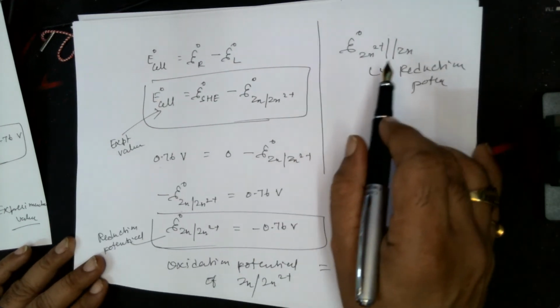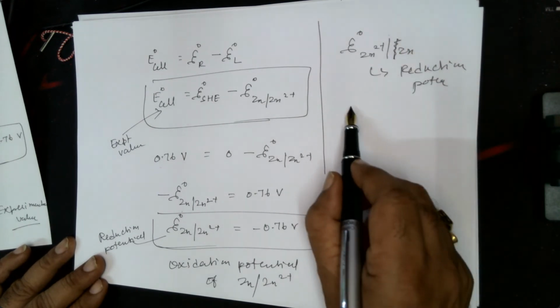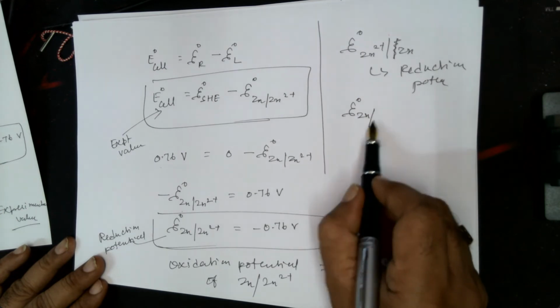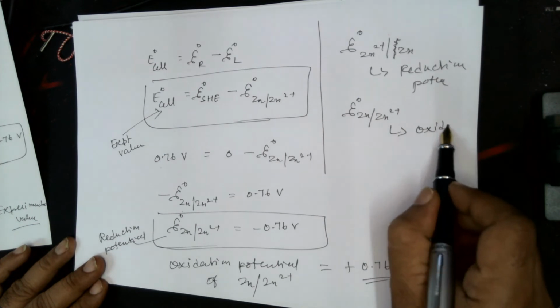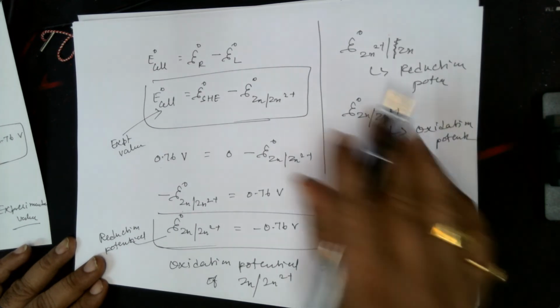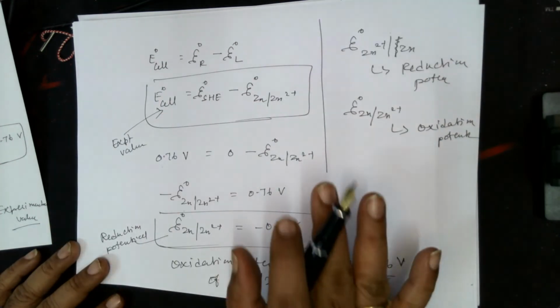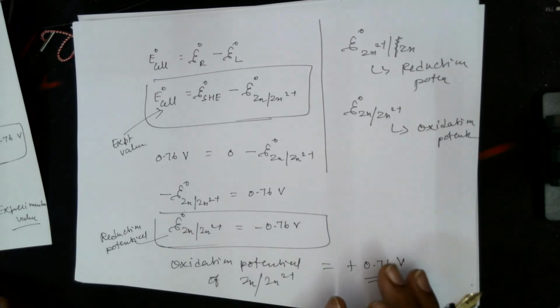Just take the inverse, and then E naught, if it is represented Zn bar Zn 2 plus, this represents oxidation potential. But irrespective of this, we always take reduction potential only. You can either represent like this or like that, but as far as Indian standards are concerned, we consider only reduction potential. Okay, we should not get confused too much about this.